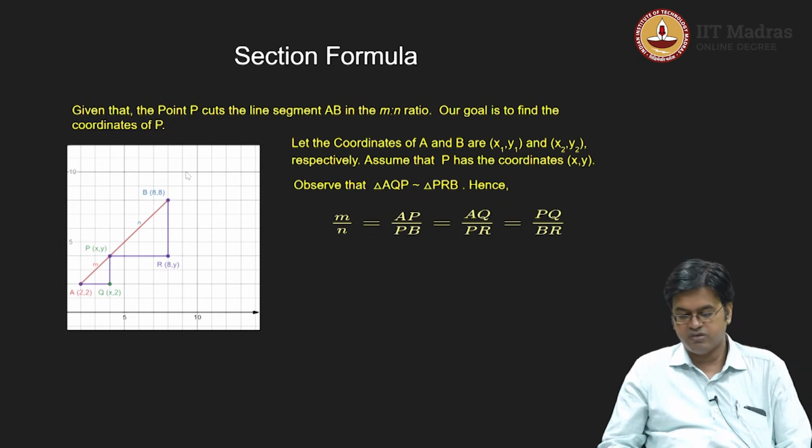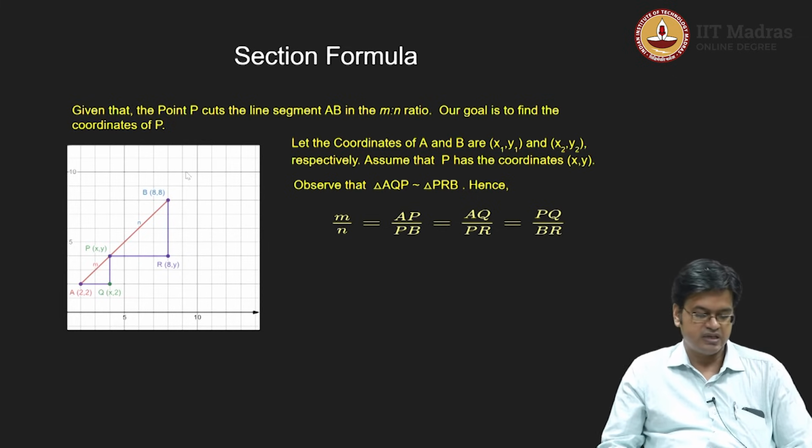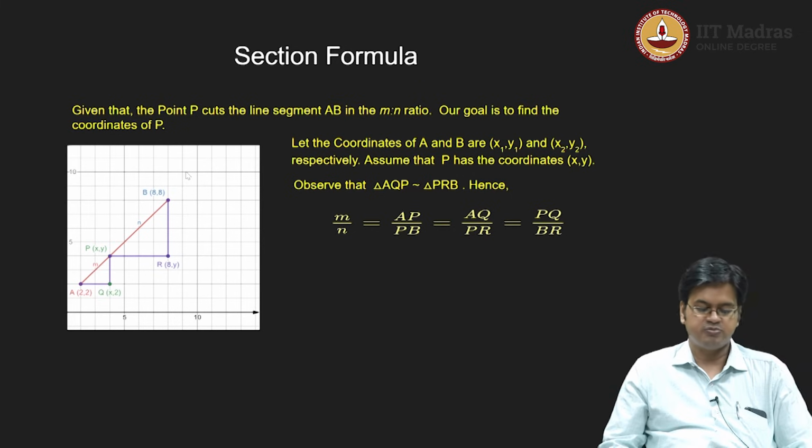So their ratio is m by n, which is given to me. Now, can I calculate the lengths of AQ and PR? The answer is yes, because AQ is parallel to the x axis, it is just subtracting the lower x coordinate from the higher. So it will be x minus 2 in the figure, and in our theory it is x minus x1.